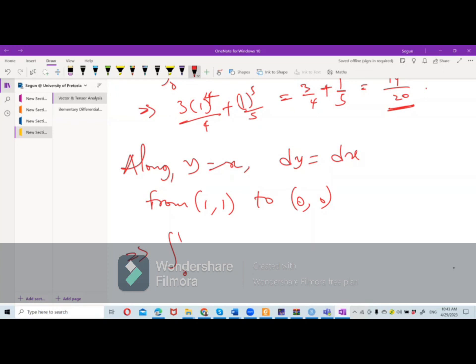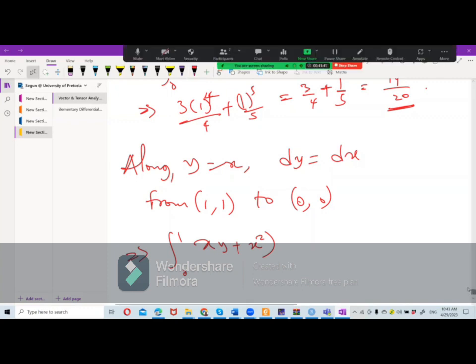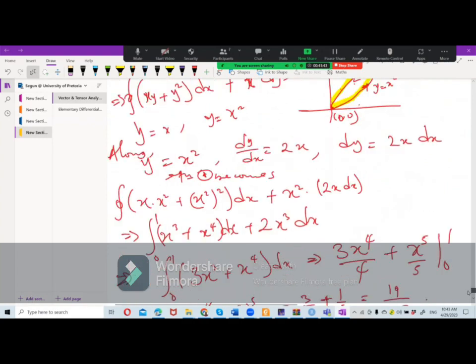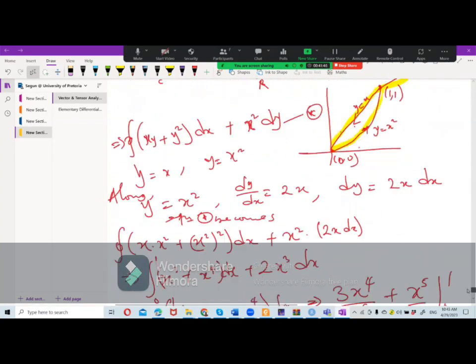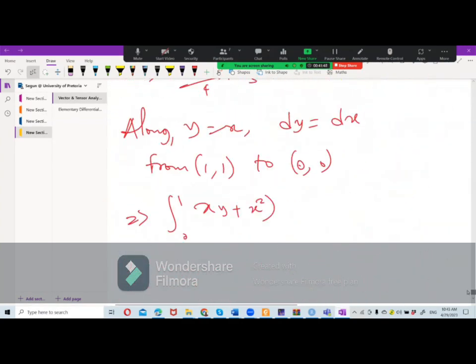In this case, if we go to our normal equation, it says xy plus x squared... let's look at it again. Plus y squared, rather. xy plus y squared dx.